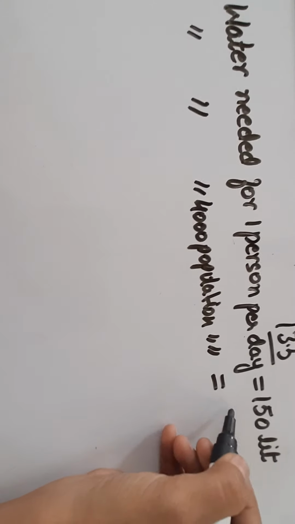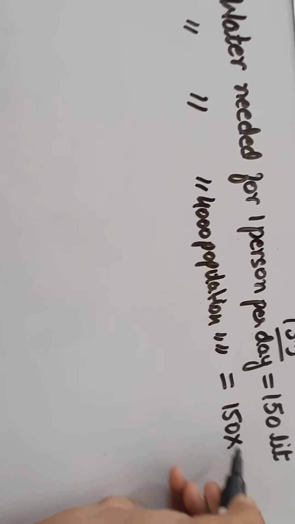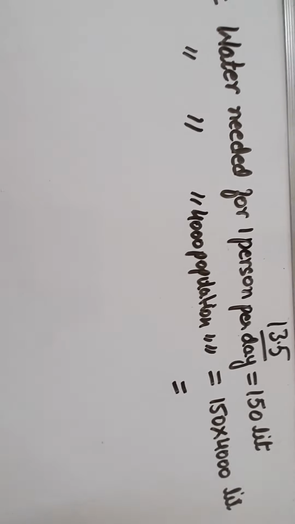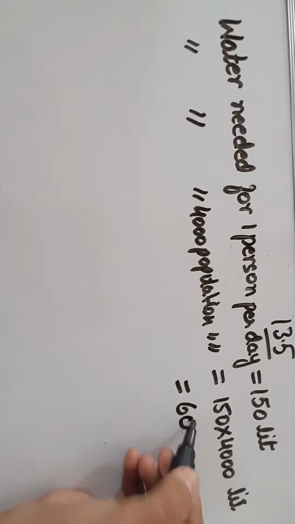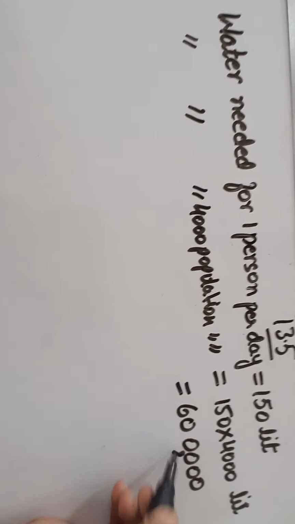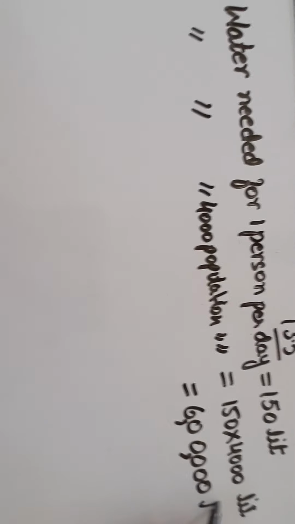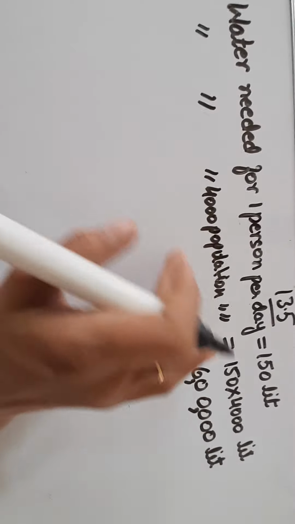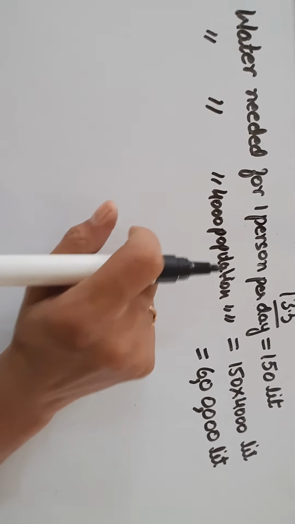Let us multiply the two. 150 multiplied by 4,000 liters of water is required for this population. This is the requirement of the village. 15 fours are 60 and these 4 zeros. So that means 6 lakh liters of water is required for the whole village for one day, right?